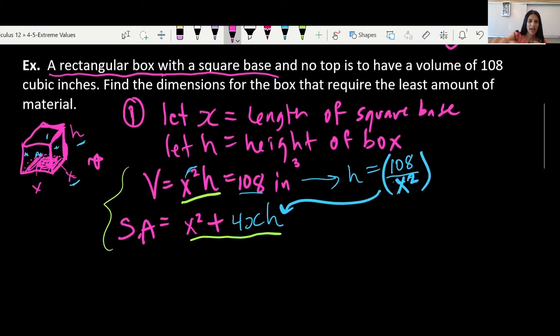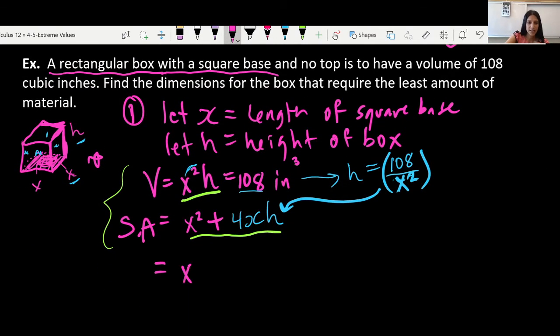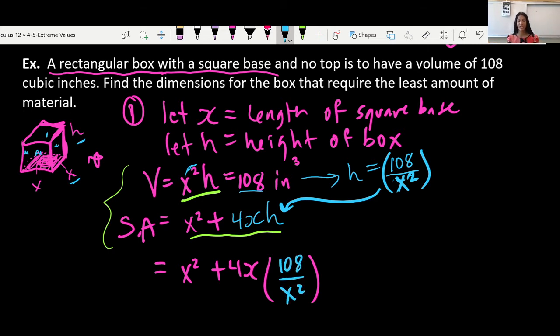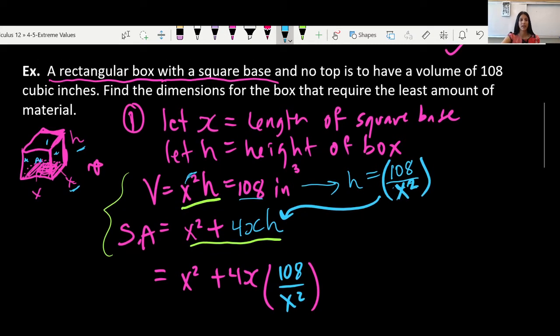So as I go through here, I can say x squared plus 4x, and then into my brackets here, I'm going to plug in 108 over x squared, because we know that that's the same thing as h, as we just worked our way through back there.